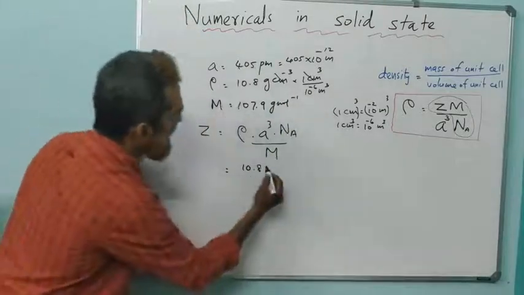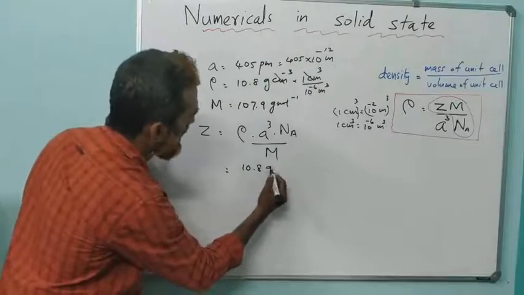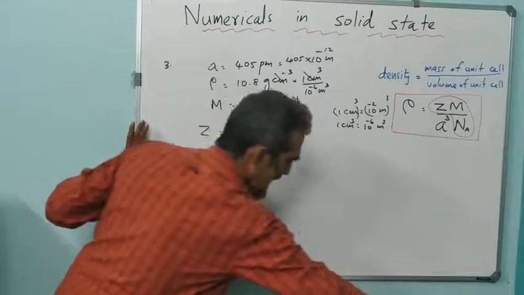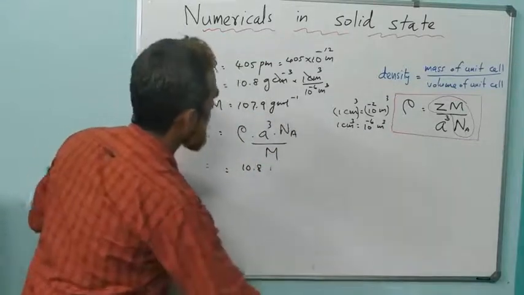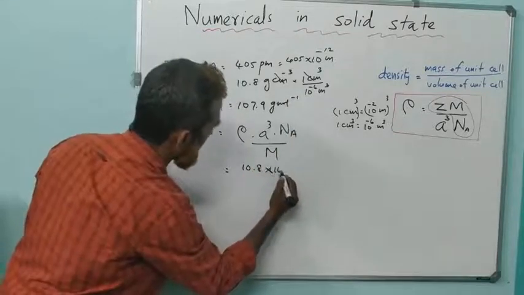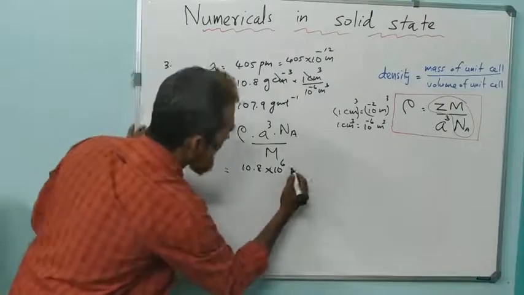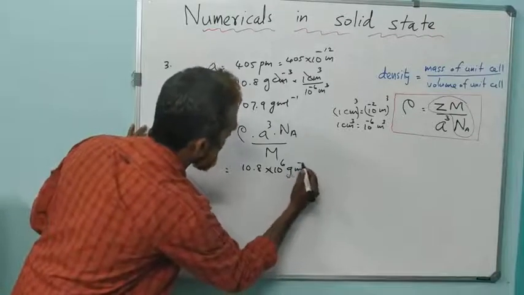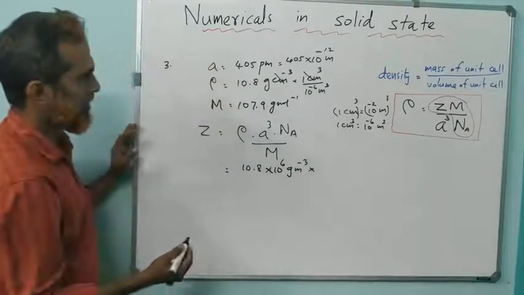So density is 10.8 gram divided by 10 raised to minus 6, so that comes to 10.8 into 10 raised to 6 gram per meter cube, into A cube.